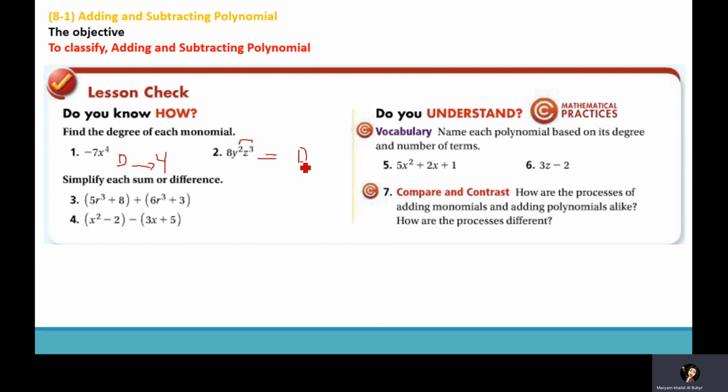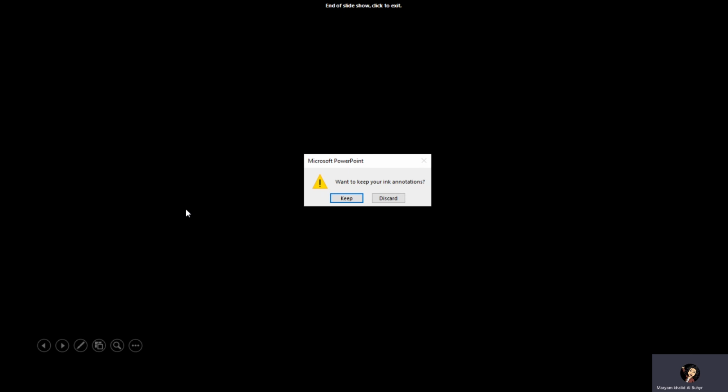The degree here is equal to 5. And here you just need to add them exactly the same way that I did. And you just don't forget to, I'm not going to give you anything more than this lesson for today.